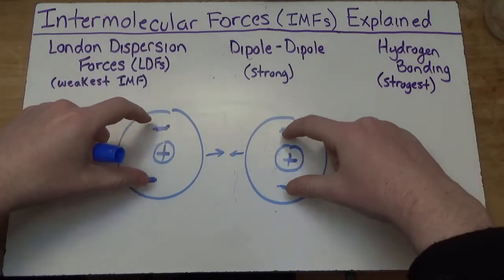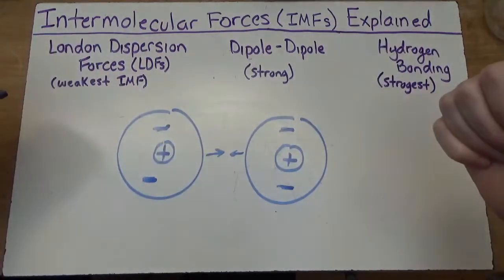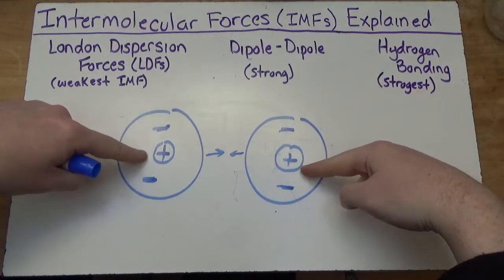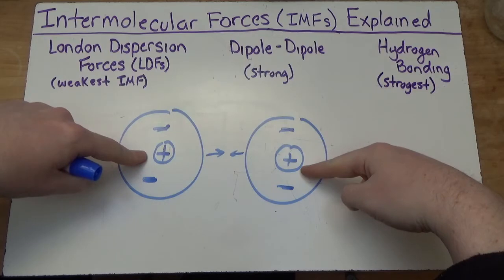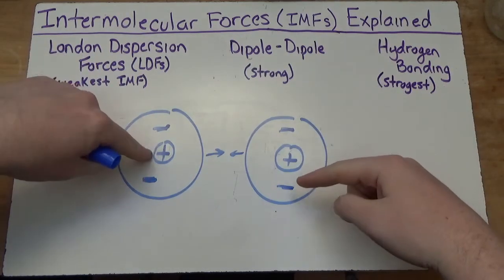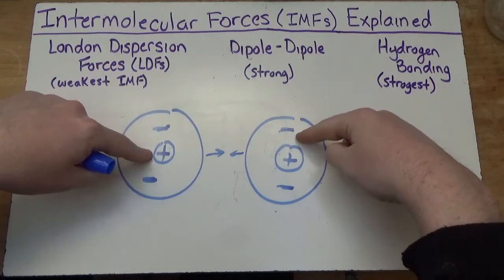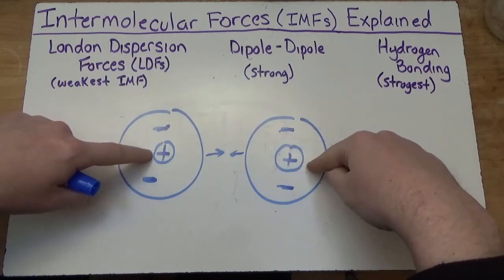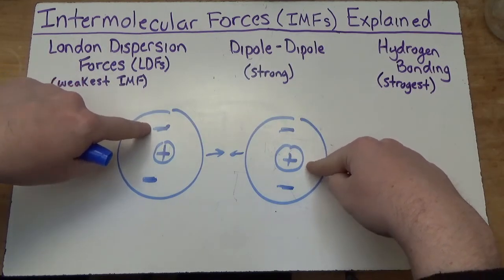So these electrons are going to push away from each other, and so are these protons in the nucleus. They're going to push away from each other because they repel. But these protons and these electrons are going to attract, and these protons and these electrons are going to attract.